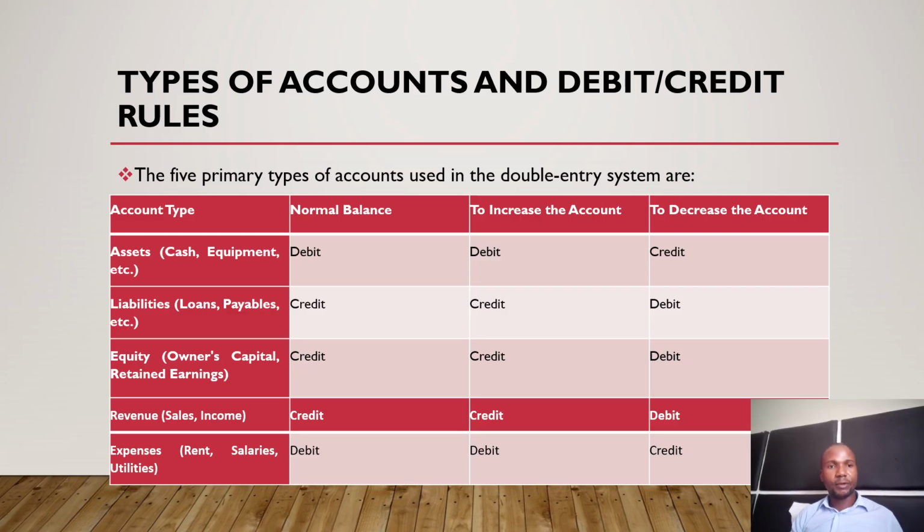So in summary, you can see that the rules apply the same for assets and expenses because they both have a normal debit balance. An increase is a debit entry and a decrease is a credit entry. And the opposite is for liability, equity, and revenue accounts.